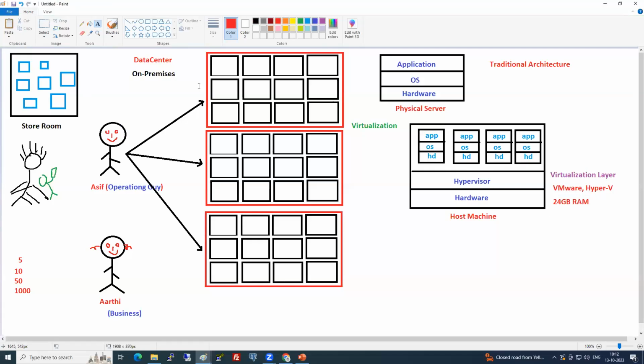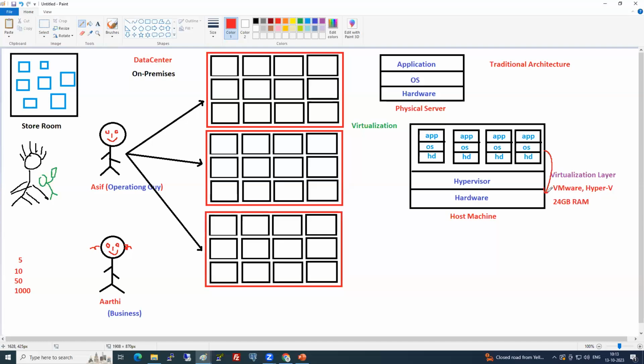So the number of virtual machines depends upon the capacity of your host machine. Do you understand the concept of virtualization? In one physical host machine, you can create multiple virtual machines. Each virtual machine will act as a server.